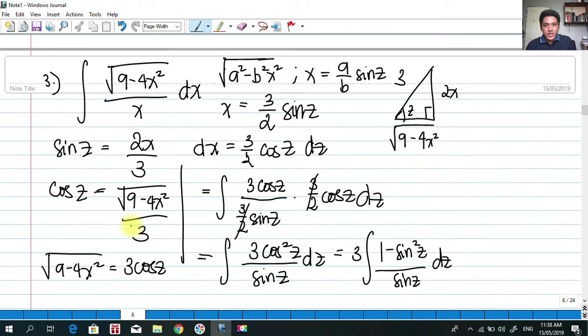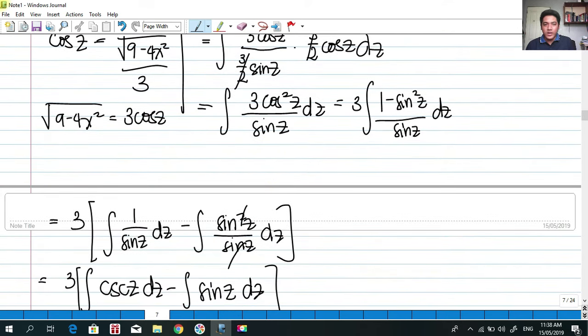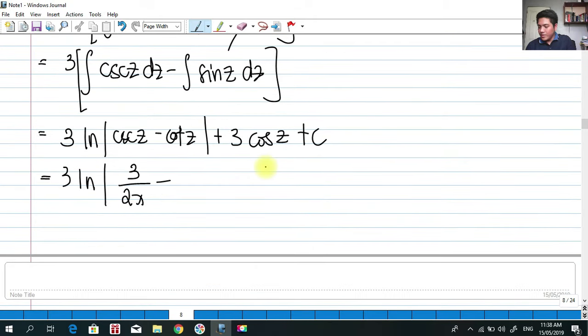Cotangent z is basically, if tangent is TOA, opposite over adjacent, cotangent is adjacent over opposite. So that should be the cotangent of z, simply adjacent, the square root of 9 minus 4x squared, over opposite, 2x. So we can substitute it here.